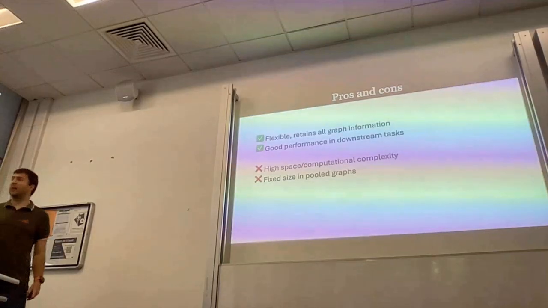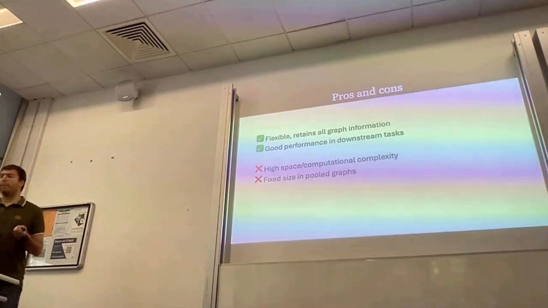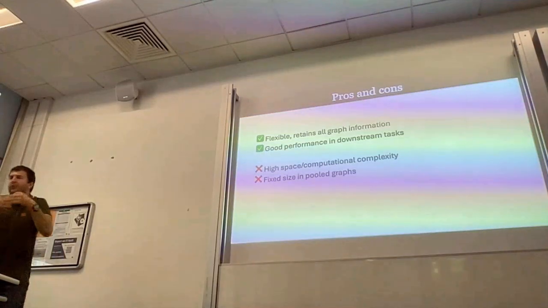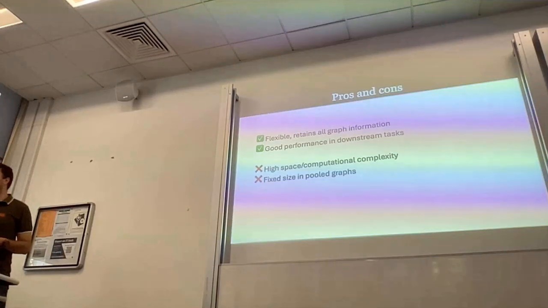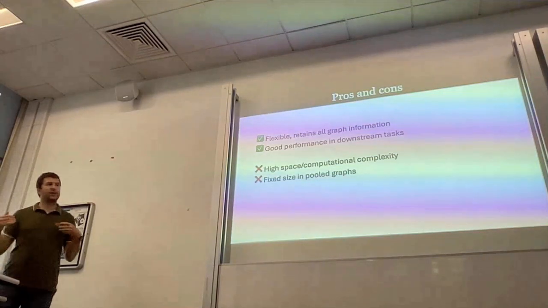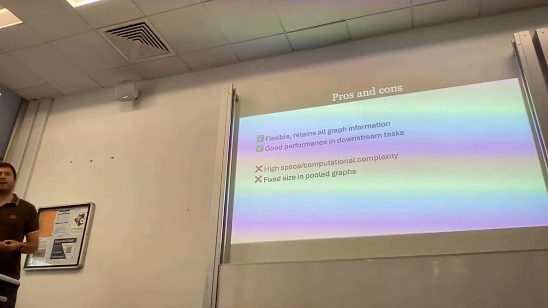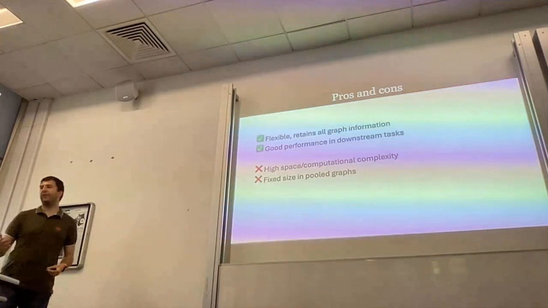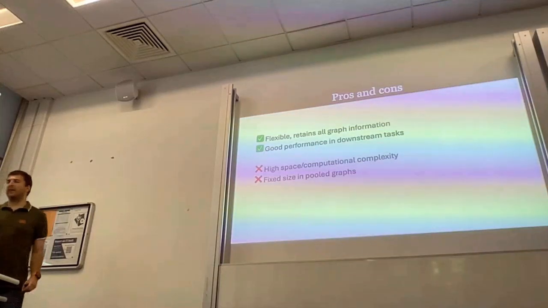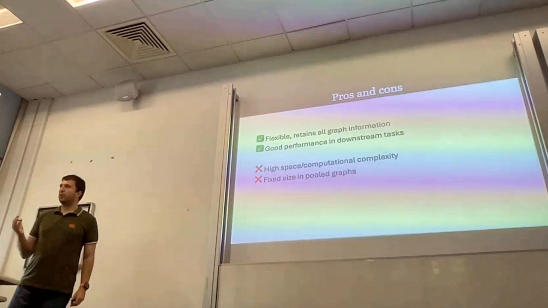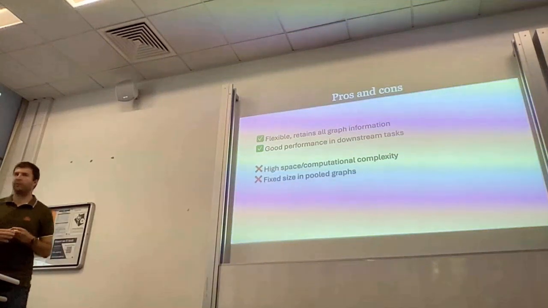However, they also have some downsides. First of all, they have a high complexity, both in space because you have to store this cluster assignment matrix, and also computationally because what we end up having in the end is a dense tensor. So after we apply pooling once, we cannot use any more sparse operations. Another thing is that the size of the pooled graph is fixed because we have to decide in advance the number of clusters.